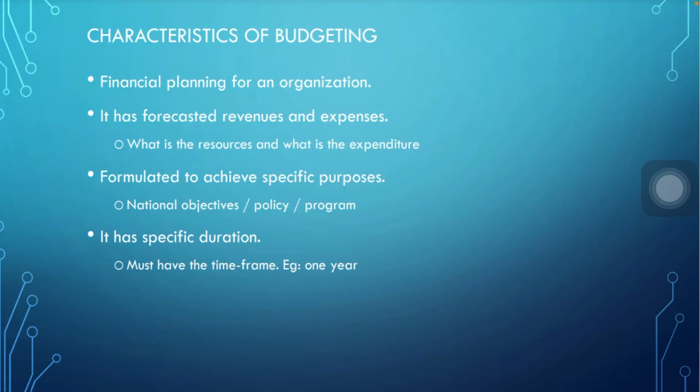So you know how much money you have, and then how much money you will spend. So here we highlight what the resources are and also what the expenditure will be incurred. For example, the government of Malaysia needs to identify what the resources of their income are. Basically 70% of the government's resources are from the taxpayer money that has been collected. So they know their main resource is from the taxpayer. And then what is the expenditure? The types of spending that they will use and spend on.